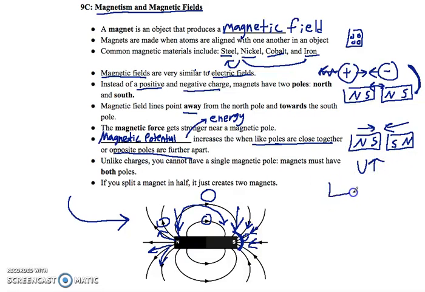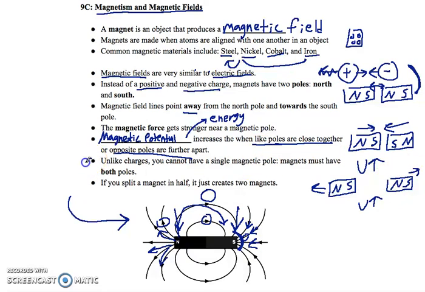It's the same thing if you take unlike poles and you pull them further apart, like this down here. If you pull the south and the north lined up, you pull them apart, you're actually increasing the potential energy in that way too. So it's kind of the opposite. Like poles, if you push them together, you increase the energy. Unlike poles, if you pull them further apart, you're increasing the energy.